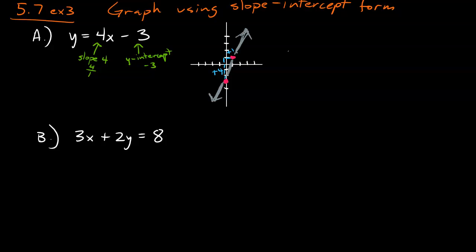Now, if you are told to graph with slope and intercept, this is in standard form. So you're going to want to rewrite it so that it looks like y equals mx plus b. So that means we have to solve for y. And this is just trying to give you options.